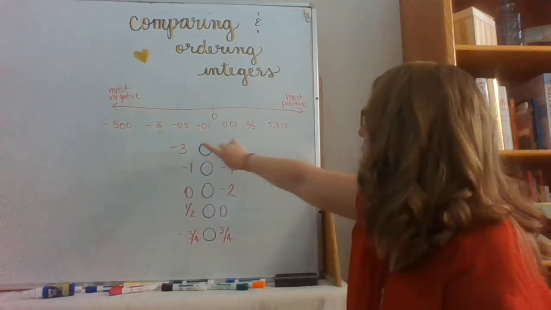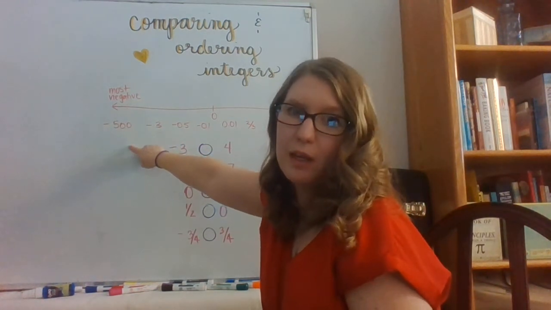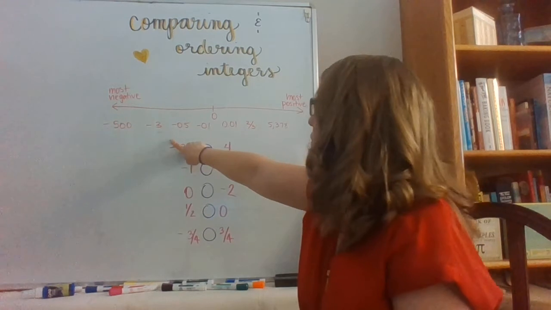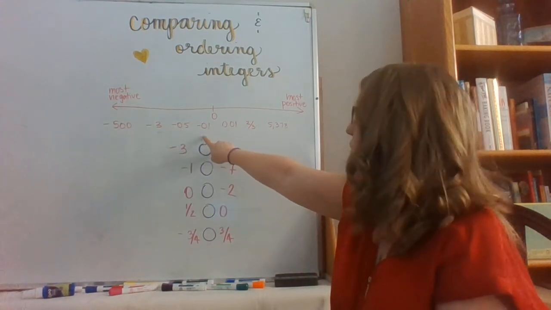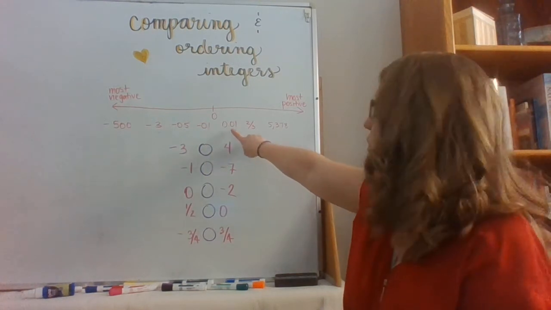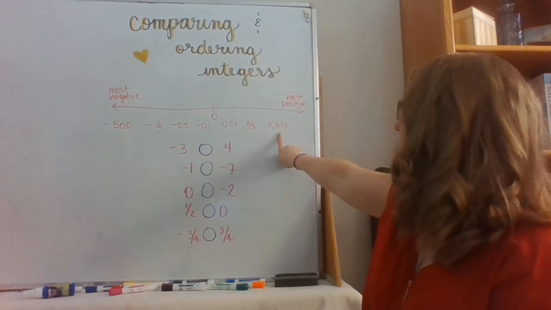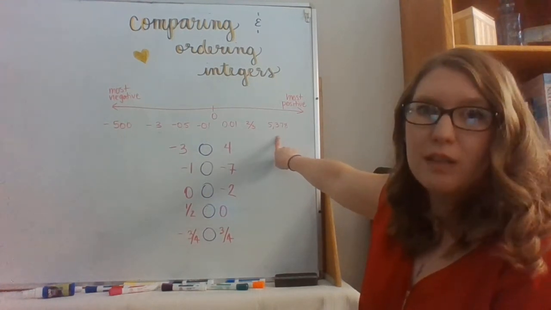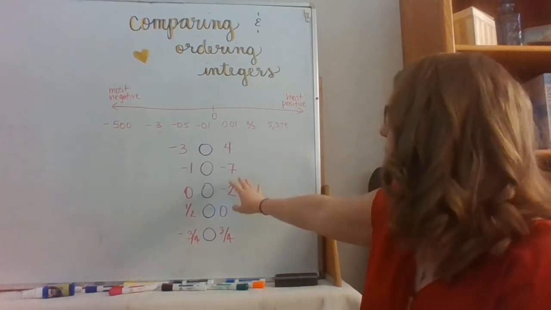Okay, so looking here, I have negative 500 going from least to greatest, negative 500 to negative 3, negative 1/2 or 5/10, 0.5, to negative 1/10 or 0.1. Then I have 1/100th or 0.01, 2/3, 5,378. So that's my greatest number.